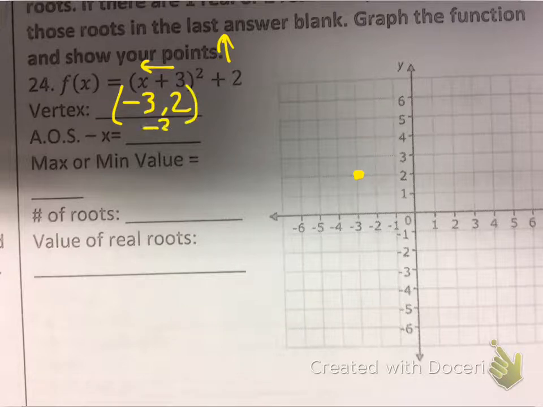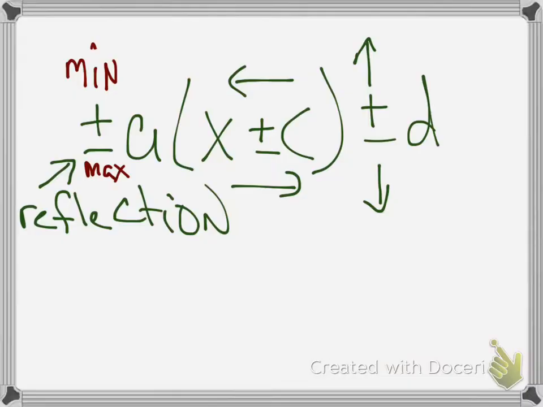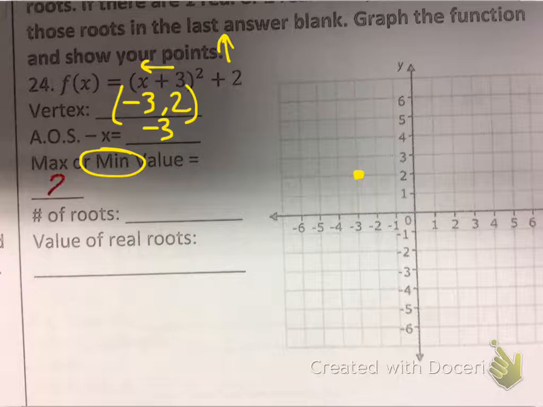Your axis of symmetry will be the x value of that vertex. Your max or min value, it's a min because if you go back, you can say that a positive is a min and a negative is a max, like that, at the very beginning. Okay, and technically this is actually true in any form. The min value here would be 2.